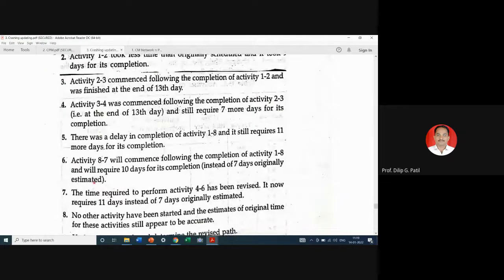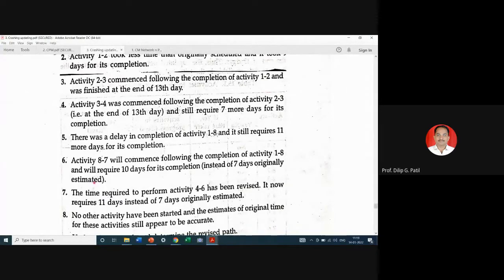There was delay in completion of activity 1.8 and it still requires 11 more days for its completion. म्हणजे कंडिशन मध्ये असं क्लिअरली दिलेलं आहे की स्टील रिक्वायर्स, this is important. If it had only said there is delay in completion of activity 1.8 and it required, instead of 10 days, now it will require 15 days, there will not be clarity how much time is already passed and how much time it will take.